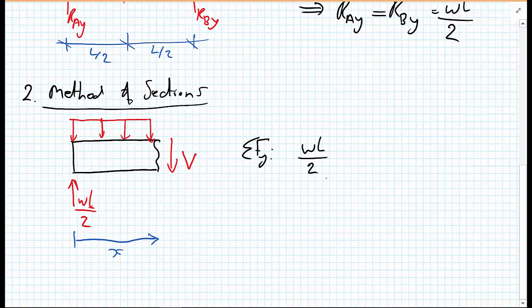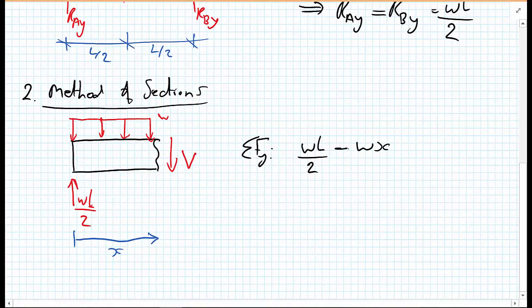The loading intensity is W, so W times X is the total load on this portion, pointing downwards, so we give that a negative. V is also pointing downwards, so that's negative too. To be in equilibrium, that all needs to equal 0.